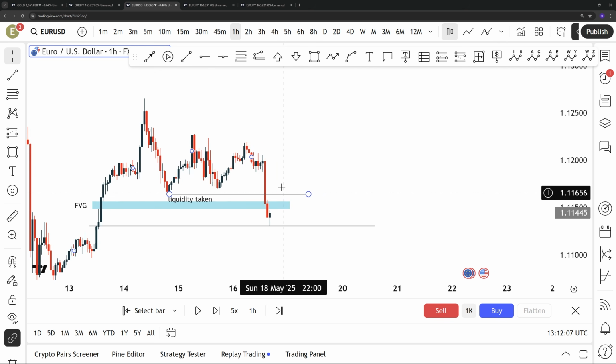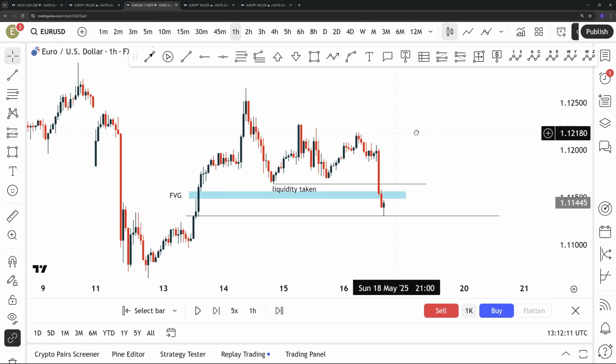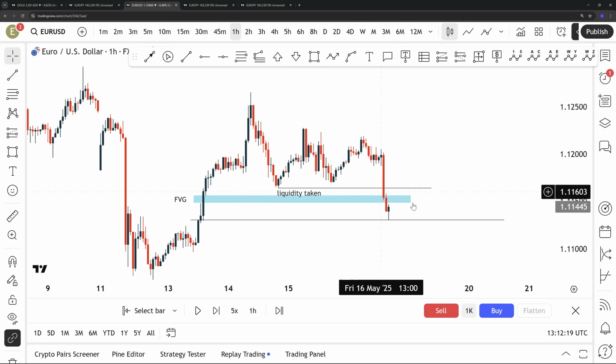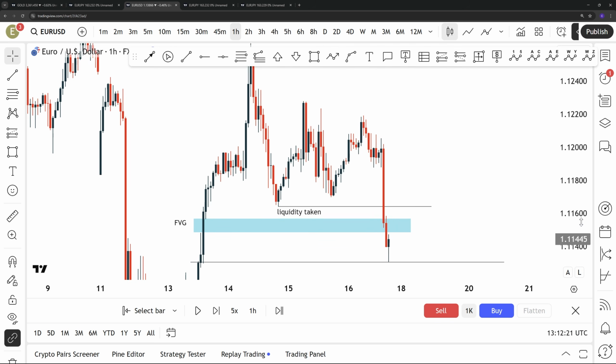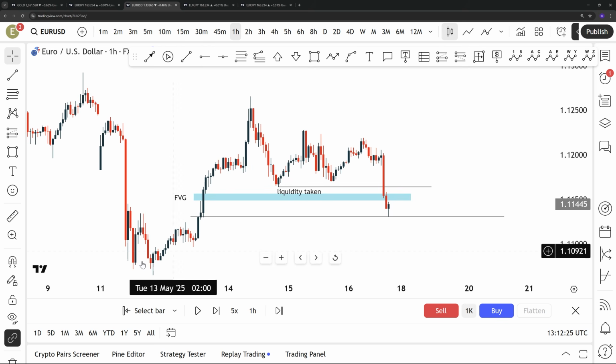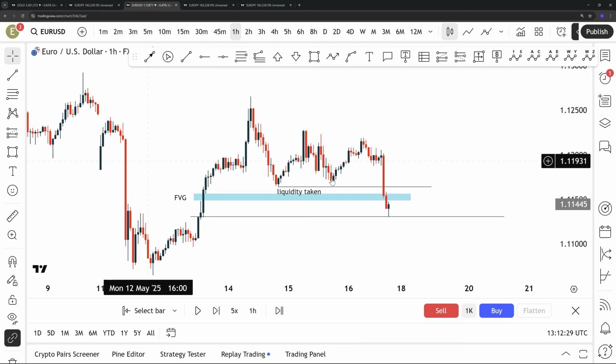Here is another example on the EUR/USD 1 hour time frame. We can clearly see that here we have the fair value gap, we have the liquidity that is being taken, and then you are looking at this like, okay, what's going on here? We have an impulse, and then we have a correction here. This is a huge correction.